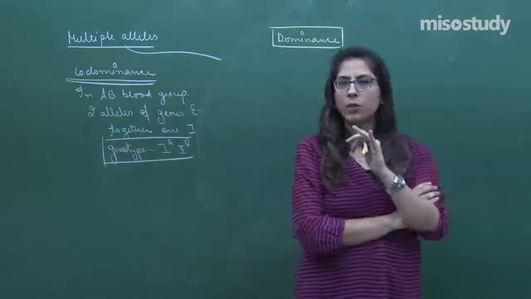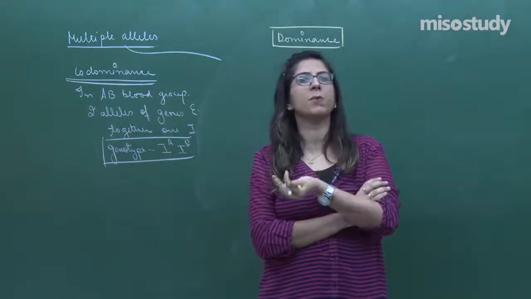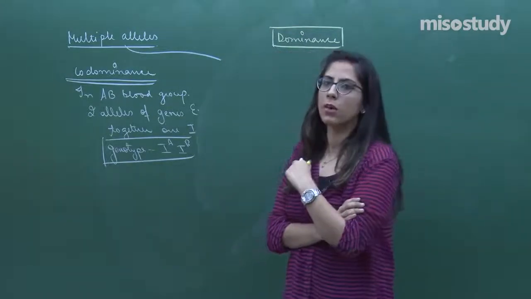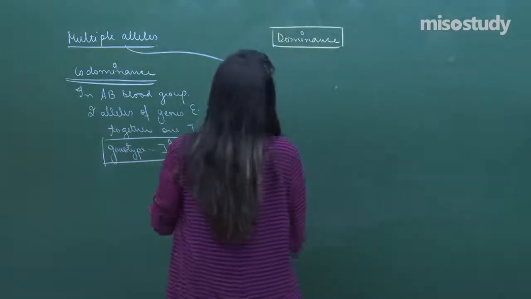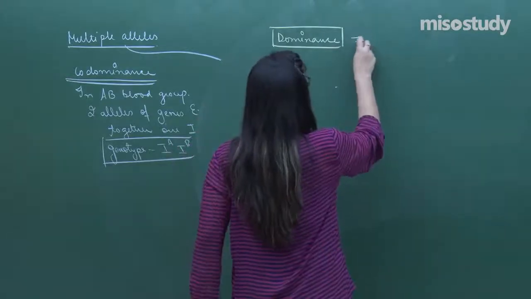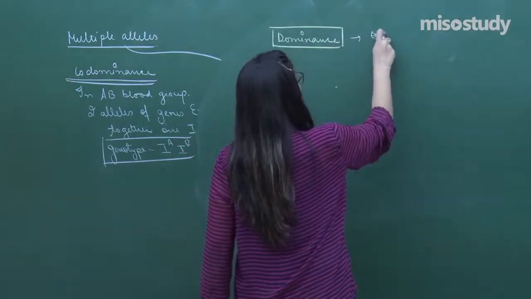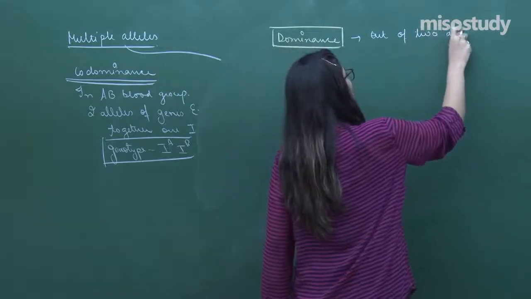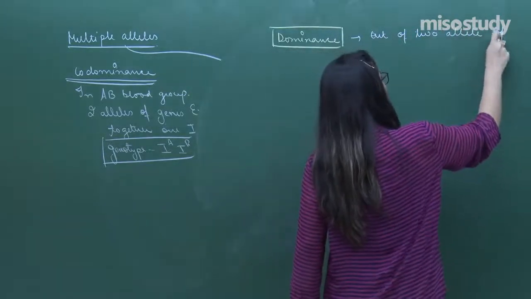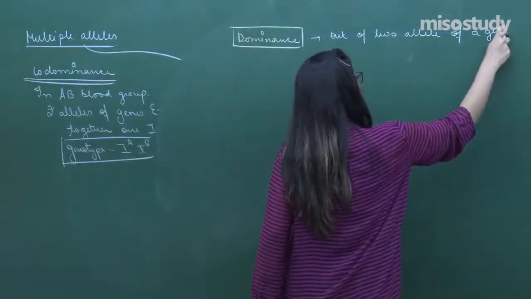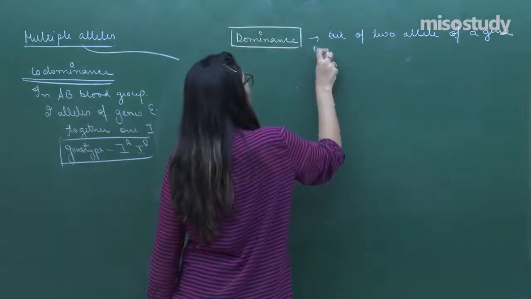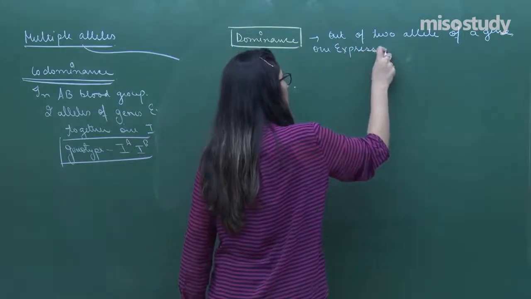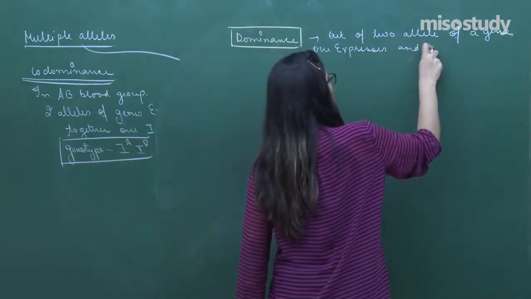One is dominant, which expresses itself, whereas the one which does not express is called recessive. So dominance means that out of two alleles of a gene, one expresses and the other does not.